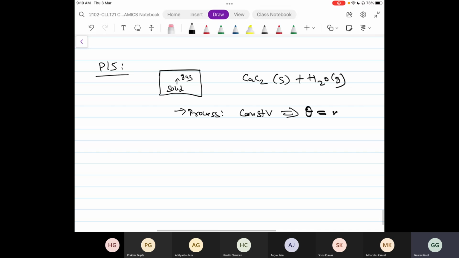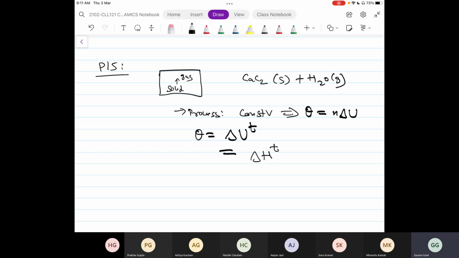So heat exchange would be written in terms of internal energy change, not enthalpy change. But because it's a reaction system, typically all the values are available in terms of enthalpy changes.